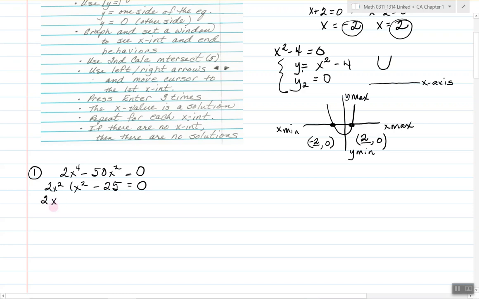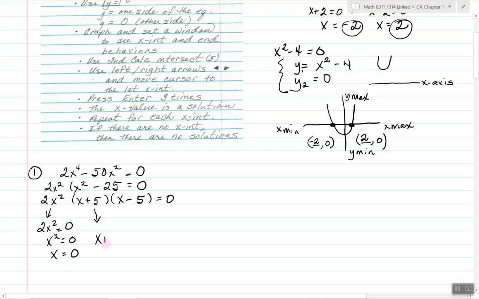So I'll keep my 2x squared, and I will factor this difference of squares into x plus 5 and x minus 5. Here, 2x squared is 0. Divide by 2, and I have x squared is 0, so x is 0. But it is what's called a double answer because of the x squared.